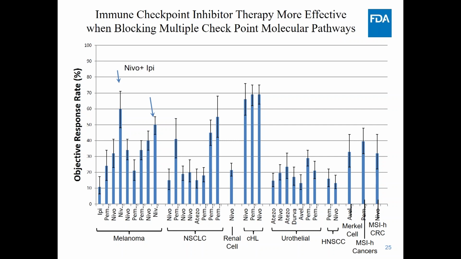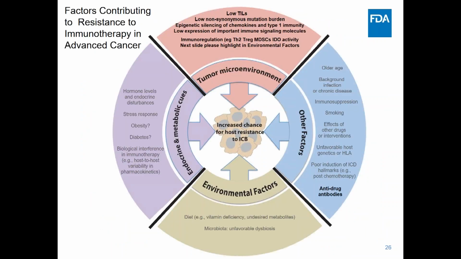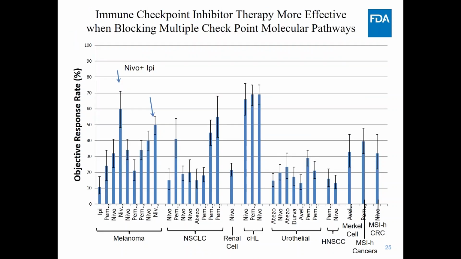And so you can see that anti-CTLA-4 and anti-PD-1 produces a higher objective response rate in patients with melanoma than does either alone. Of course, there are numerous factors contributing to resistance. You can see that the objective response rate isn't wonderful, and the complete response rate is actually quite dismal.